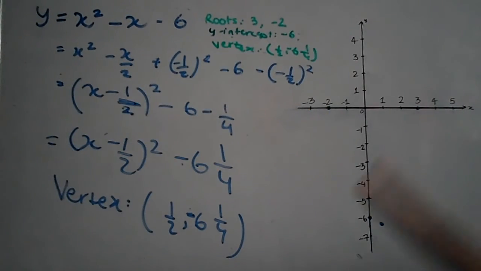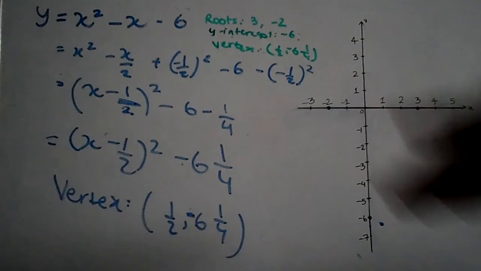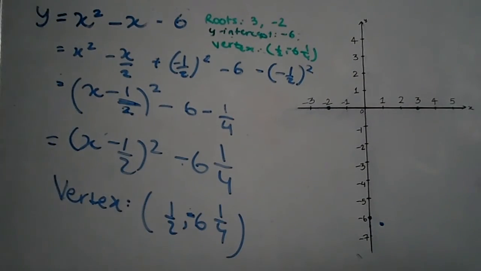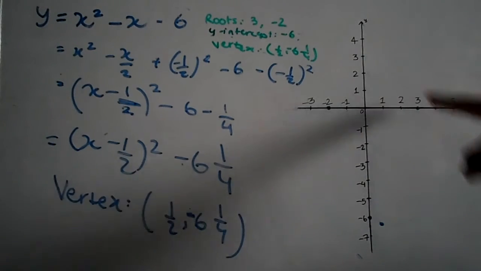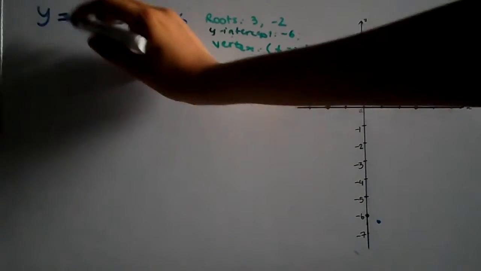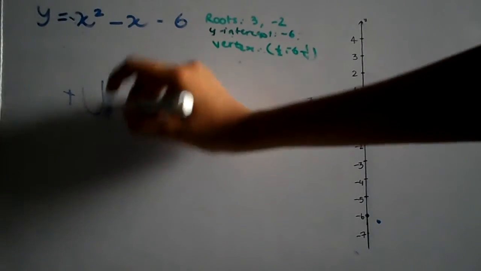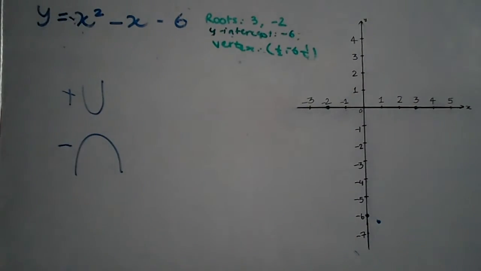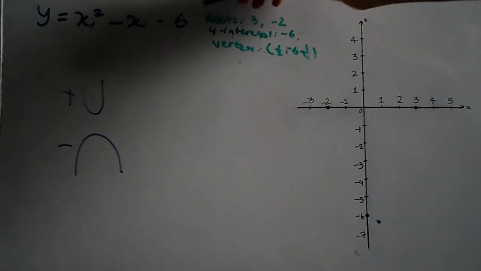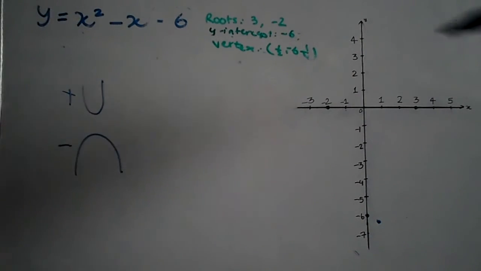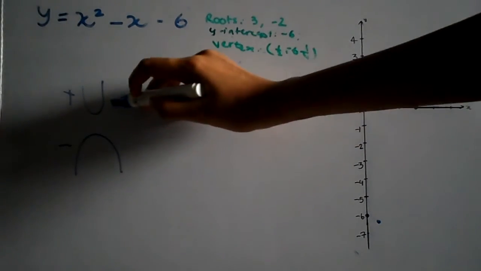We have to do one more calculation before we can draw the full graph. I need to know whether it is a smiley face or a sad face parabola. When it's positive, it is a smiley face, and when it's negative, it's a sad face. So you already intuitively know when you see this equation that it is going to be an upward facing parabola, which is this.